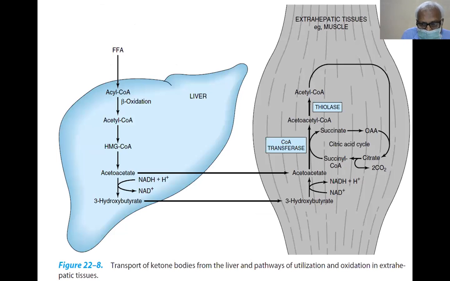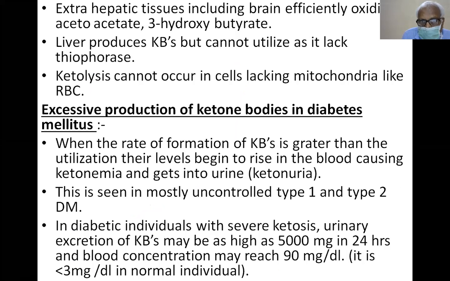This beta hydroxybutyrate will be transferred into muscle, and acetoacetate also will be transferred into the muscle. From beta hydroxybutyrate, acetoacetate can be generated. From here, acetoacetyl-CoA and then acetyl-CoA, and that will go into oxaloacetate and citrate and succinyl-CoA to succinyl. All this is extrahepatic tissue muscle metabolism.